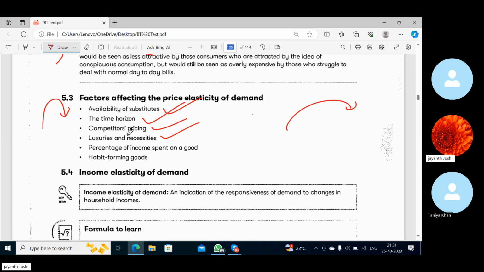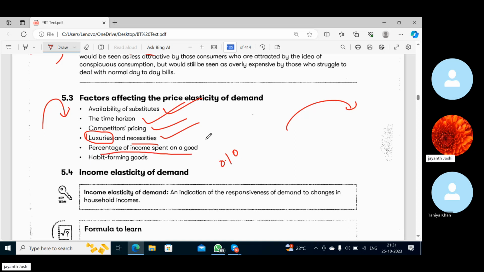A small change in price, let's say 10 cents, can lead to much less purchase of luxuries, but not necessities. You can't change your purchase of necessities.